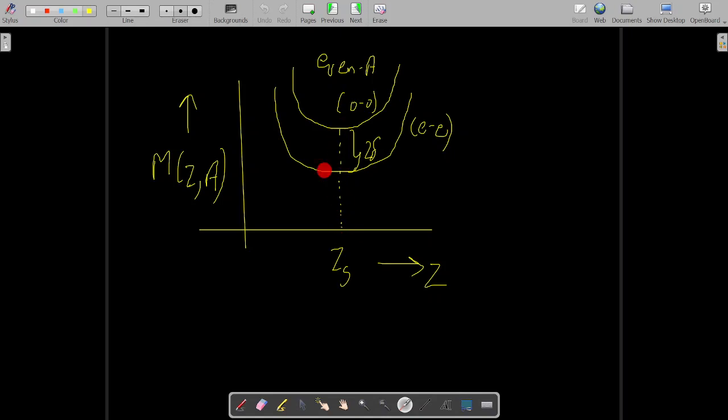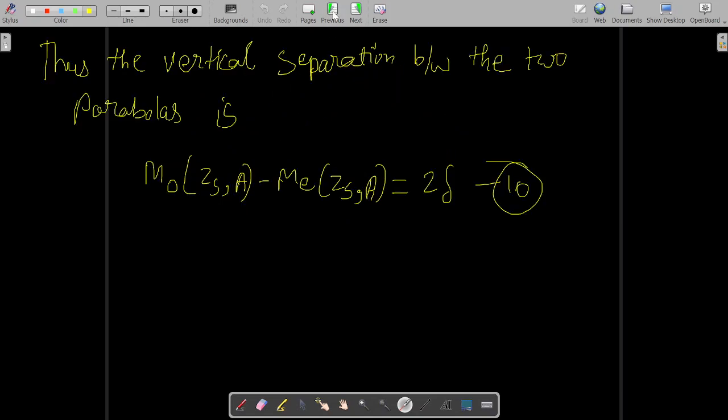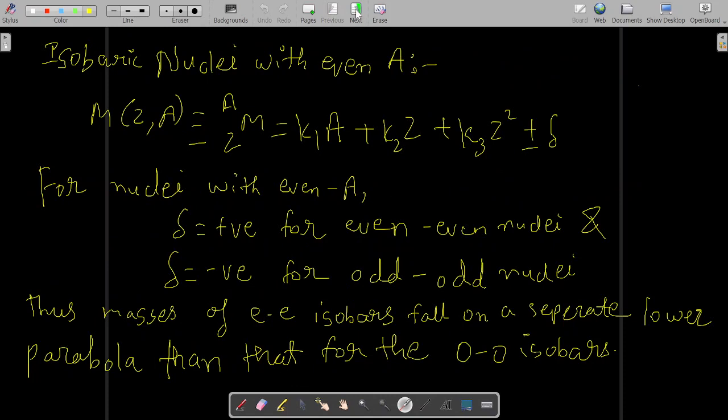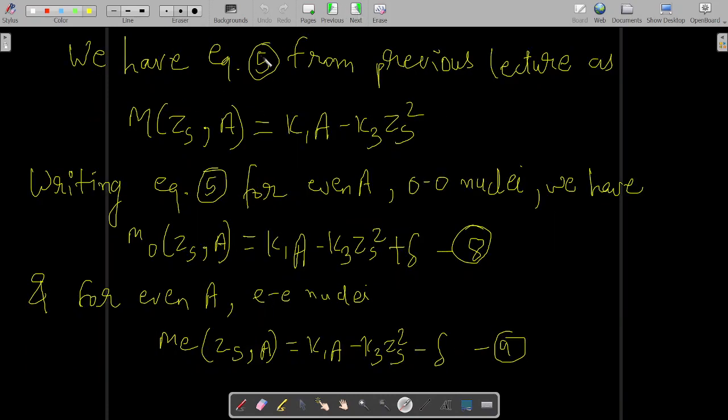The Z most stable lies around here because the mass is lowest at that point. It is the minima of the parabola. Writing equation 5 for even A.